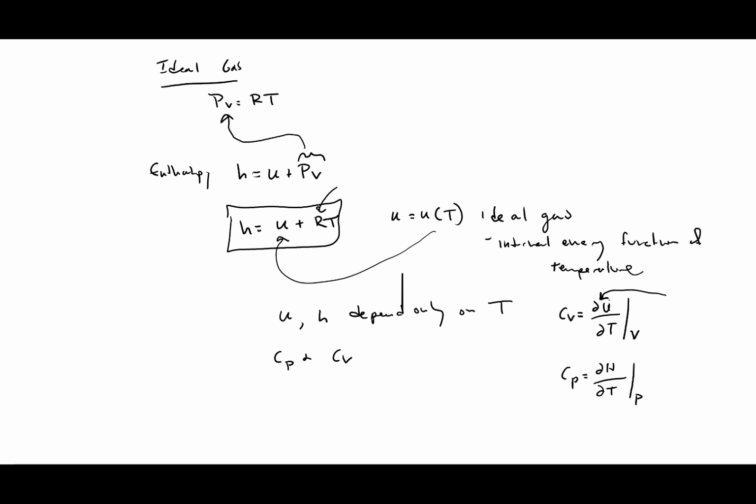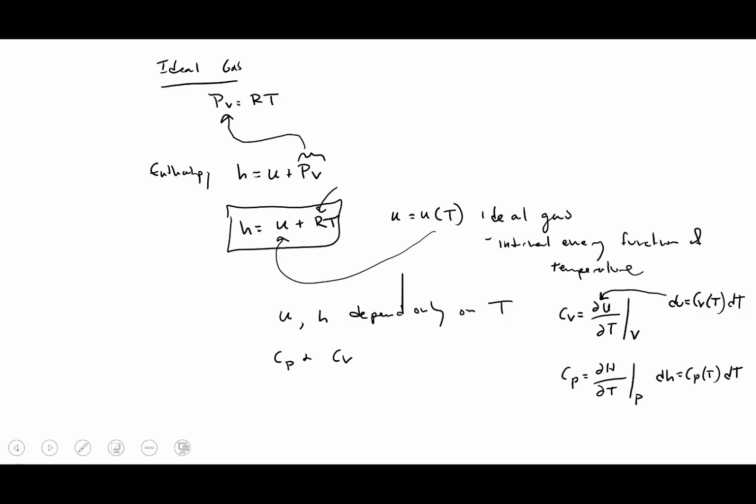So what we're going to get is du is equal to C sub V of T dT, and dH is equal to C sub P of T dT. I'm going to go to the next page and just rewrite these.